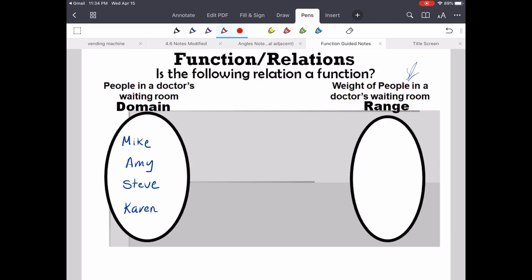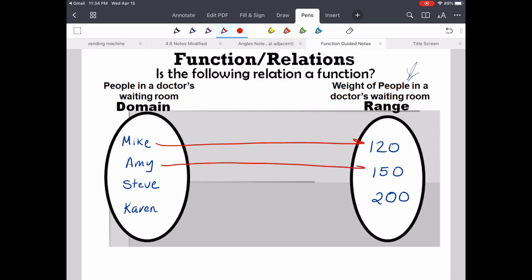And let me just show you why there's no way for this possibly not to be a function. Let's say we have 120 again, like some of the similar weights that I had before. Let's say Mike is 120, Amy is 150, Steve is 200, Karen is also 200, and Steve is also 120. Does that make any sense?